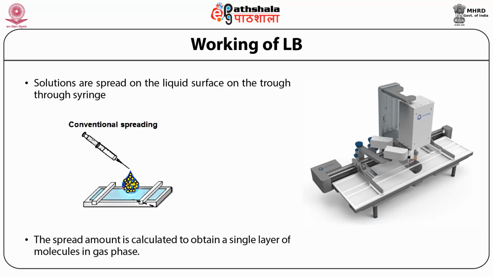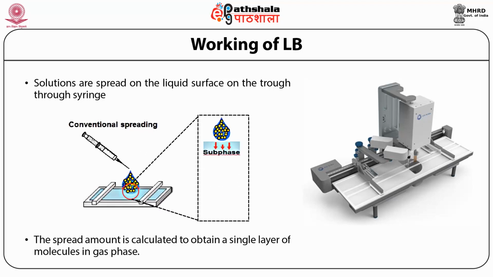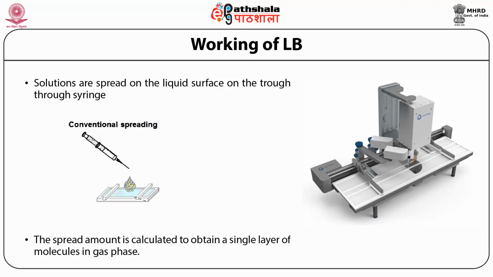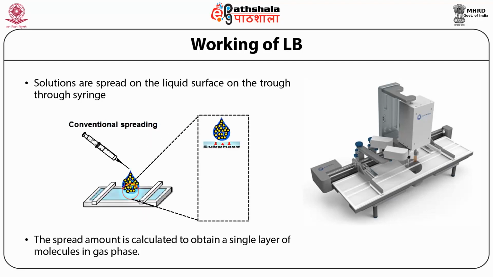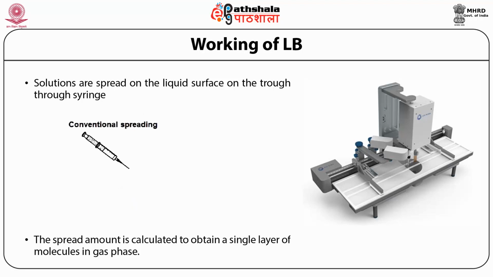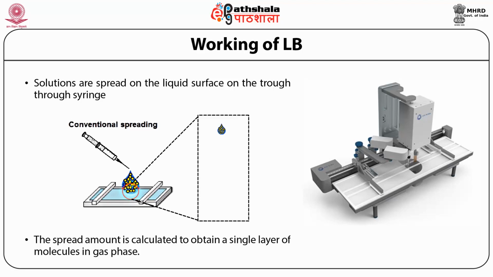We put a few drops of this solution so that the amphiphilic molecules are spread on the surface, and their concentration is calculated in such a way that only a monolayer of molecules covers the entire surface. We cannot take extremely large concentrations, because then there will be more than can cover the surface, and there will be problems.